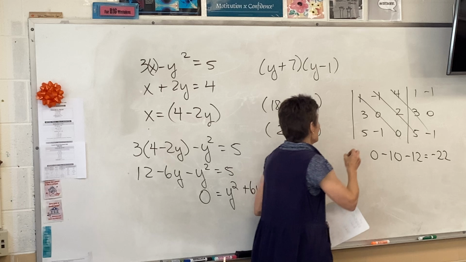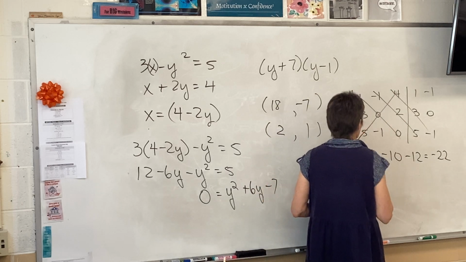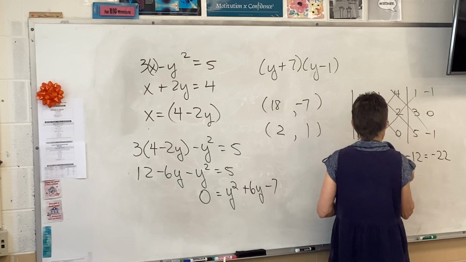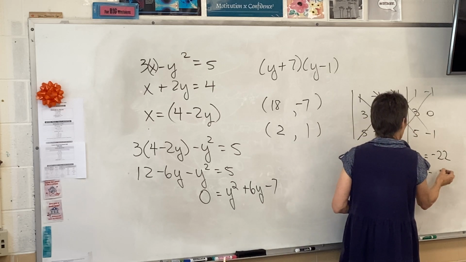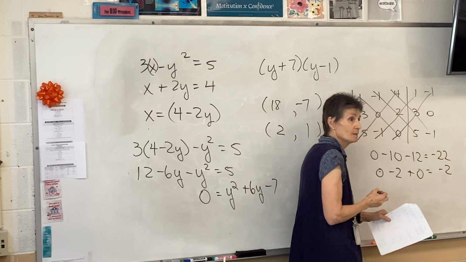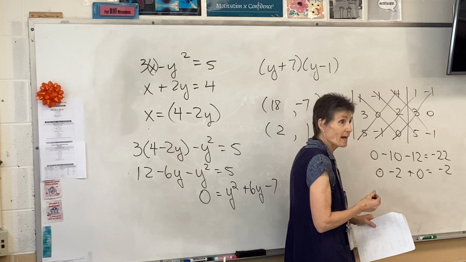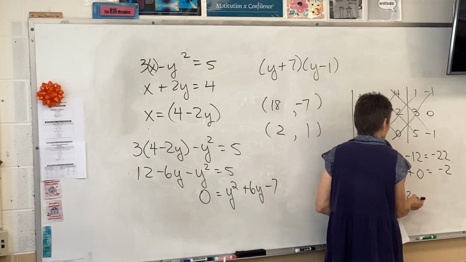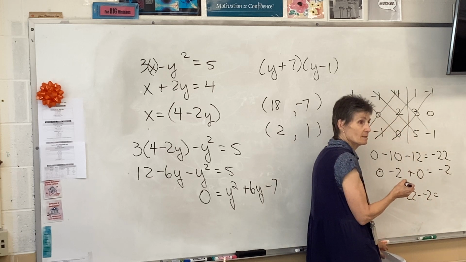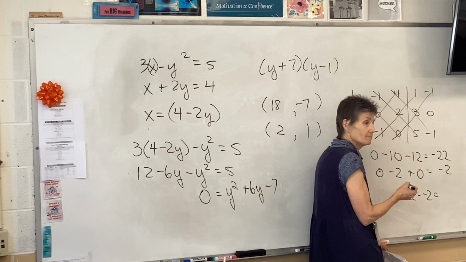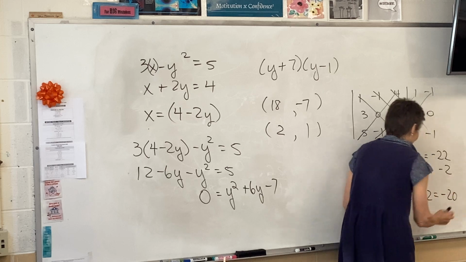Yeah. And then I got 0 and -2 and 0 for that. So I got -2. Yeah. And then I subtract them. Yeah. So -22 minus -2 is, I flipped it around. I did -2 minus -26.